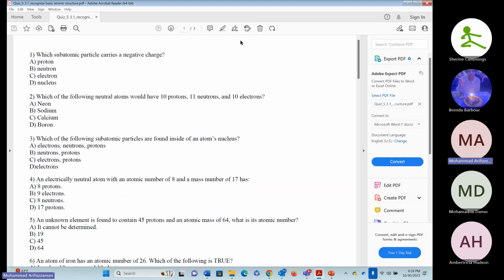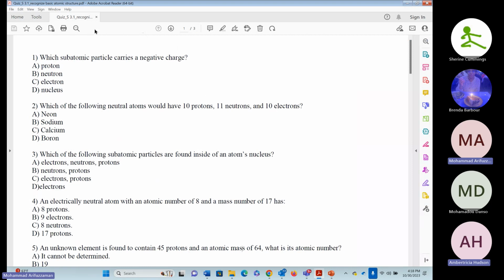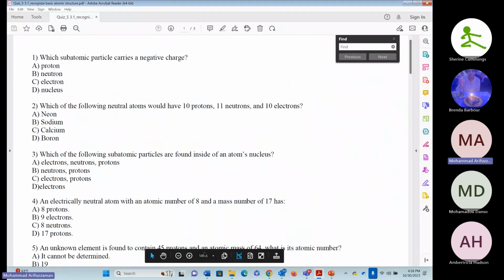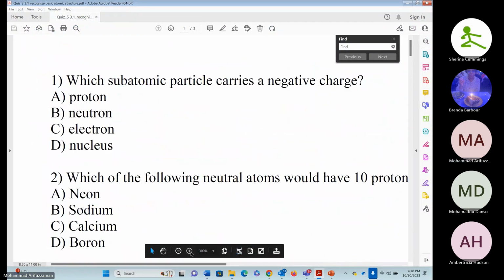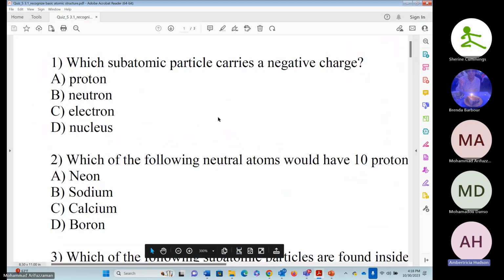Let me enlarge. Where is the zoom button? Oh, here. Is it clear now? Okay.